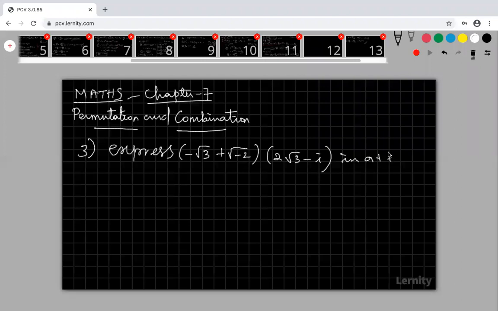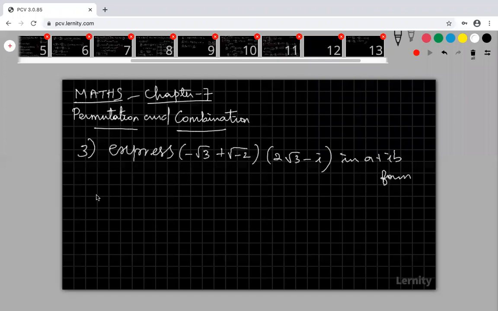Am I right? Yes. Harish, you want the first problem also? Okay, we will discuss one by one.